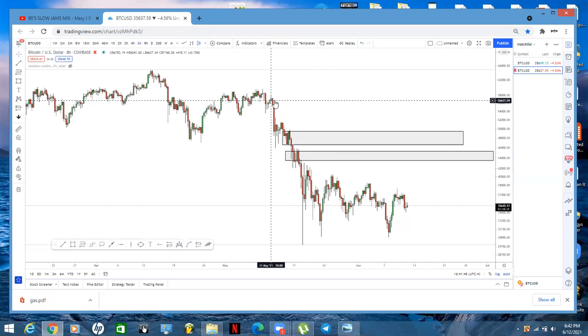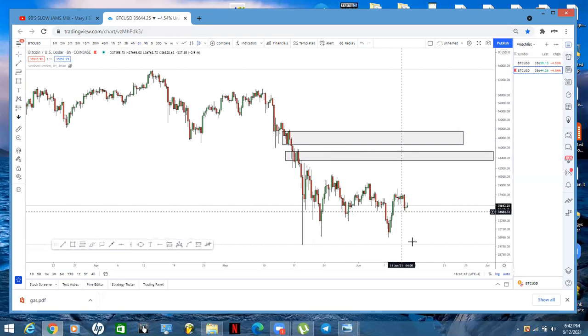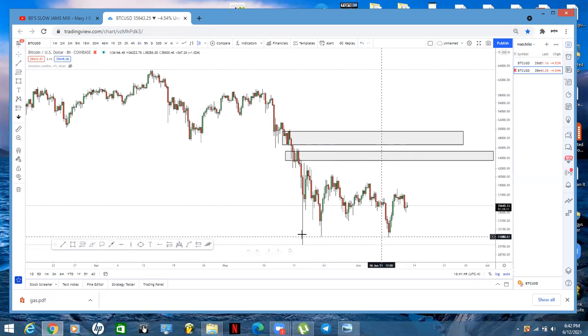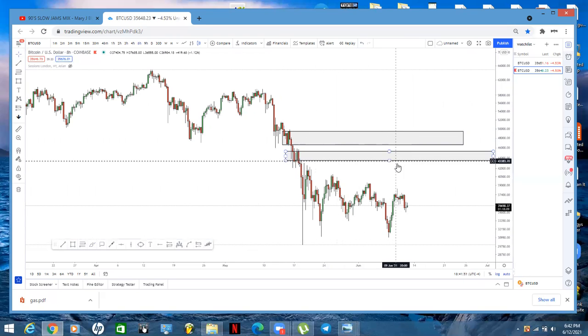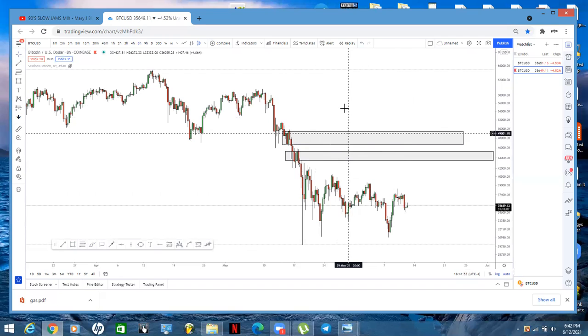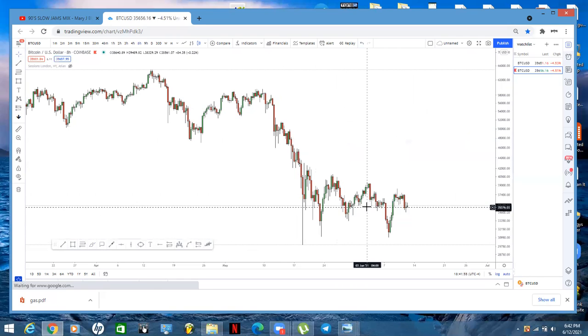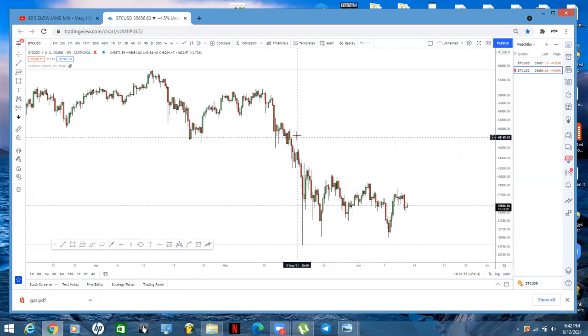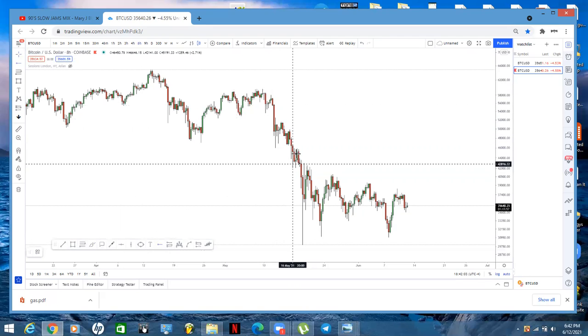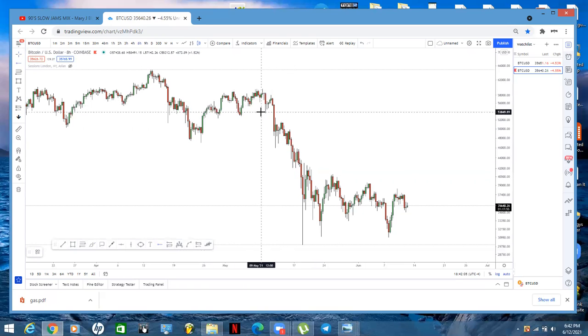To get back up here and mitigate these orders and then come back down to take out these lows right here. So that's what I see. As far as exactly where it's going to go, that's really not my concern, or how it's going to do it, because it always plays out different. But ultimately, I do see price returning back up here to mitigate this area right up here.